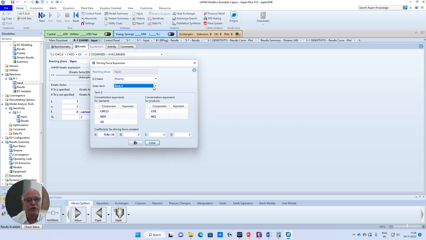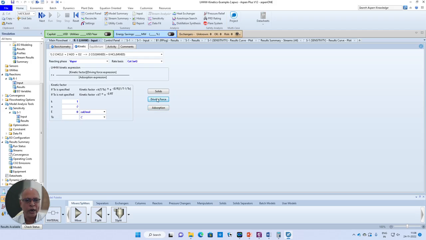For example, if you have term 2, again write the exponents depending on what concentrations are represented in the second term and what their exponents are. And now, like what you did with respect to term 1, calculate A and B in case the second term is not 0. That's how you will be able to address the adsorption term.